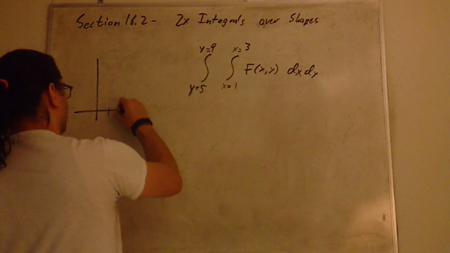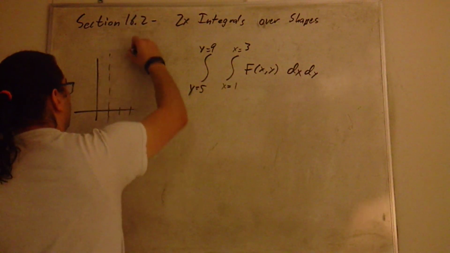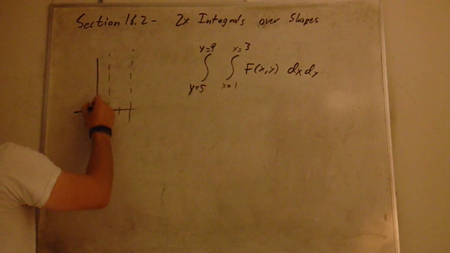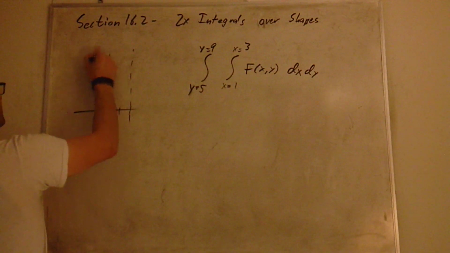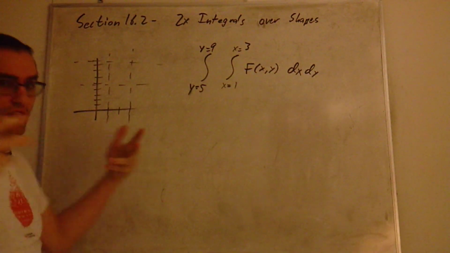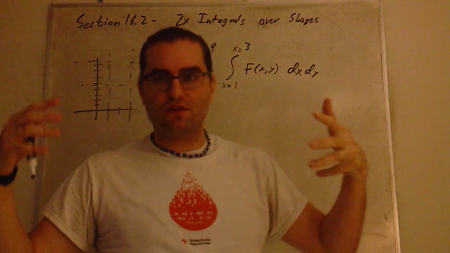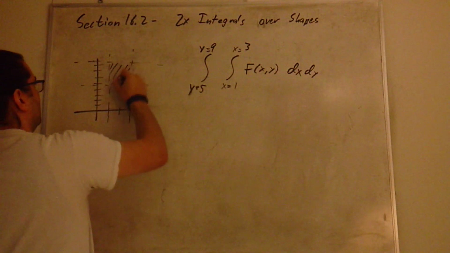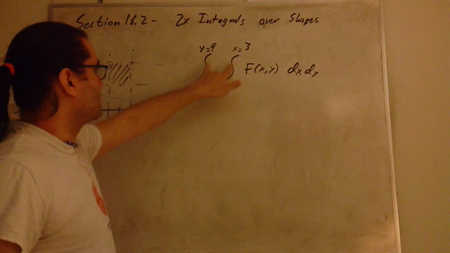If x is going from 1 to 3, that gives you straight lines. And if y is going from 5 to 9, you've got more straight lines. If you have all of these perpendicular straight lines, that's what gives you the rectangle. It comes from these bounds.